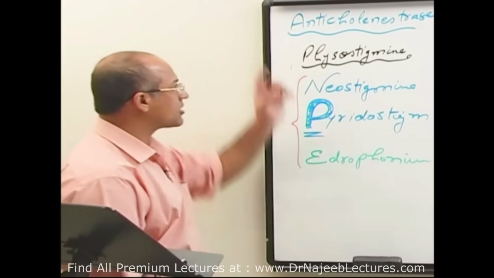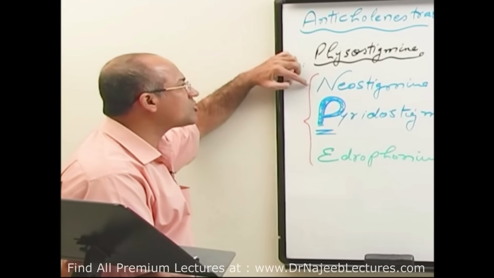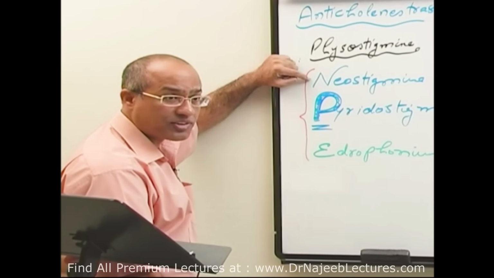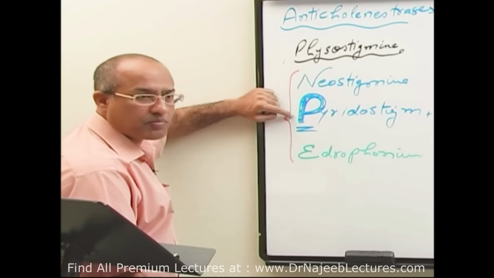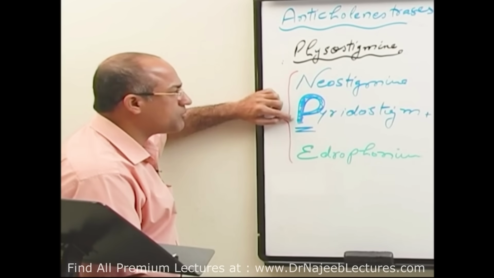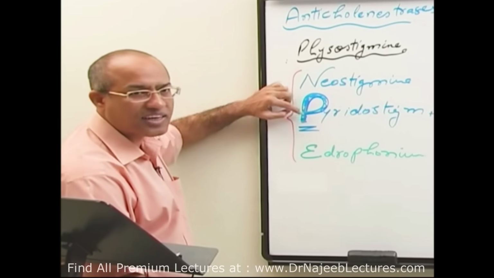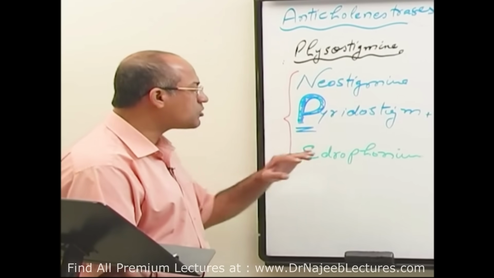Remember, learn physostigmine well, then remember neostigmine is different from physostigmine because it cannot go to the central nervous system. Pyridostigmine also does not go to the central nervous system. But compared to neostigmine, pyridostigmine has a very big P. P stands here for prolonged action. Is that right?